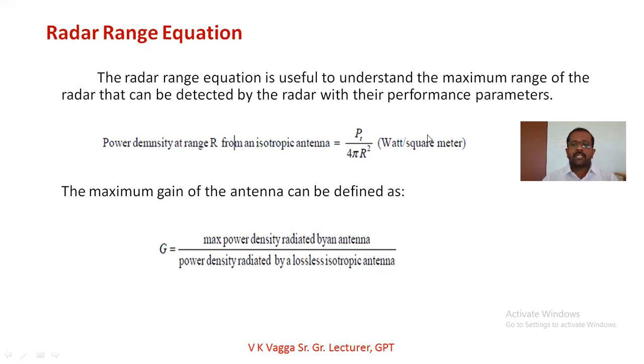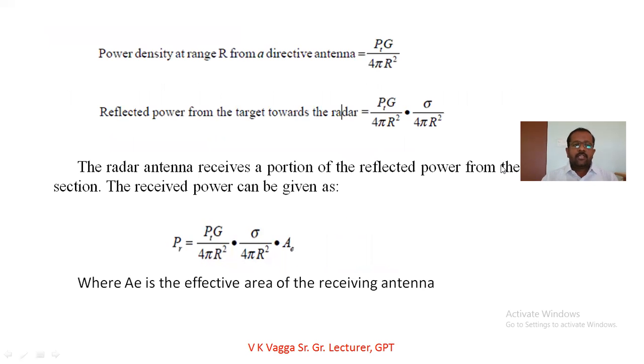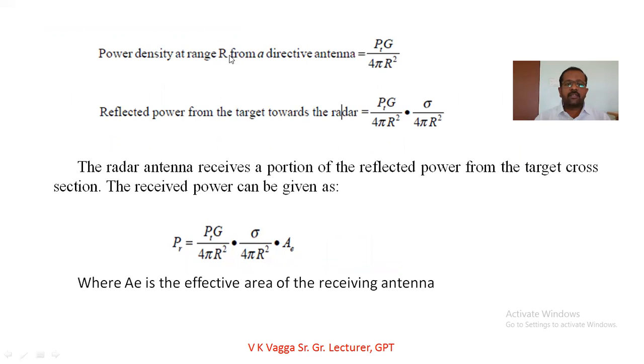Okay, and after that, if you take the power density at a range R from a directive antenna, then you are going to consider the peak power. In yesterday's class, while explaining the parameters, I explained the definition of the peak power and the average power.